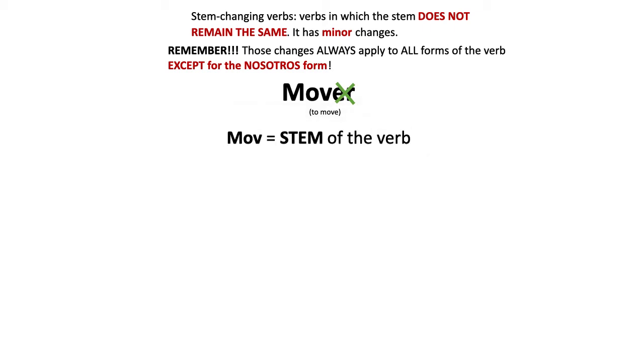The stem of the verb is mov. But I just told you that mover is an O to UE stem changing verb. What does that mean? It means that that O in the stem changes to a UE. Okay? So let's see the conjugation actually.